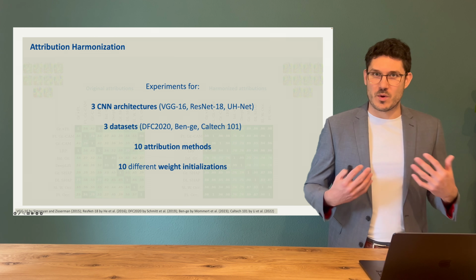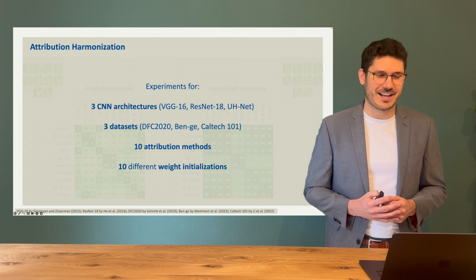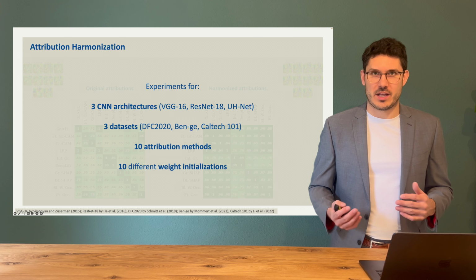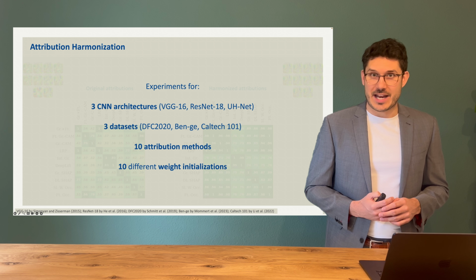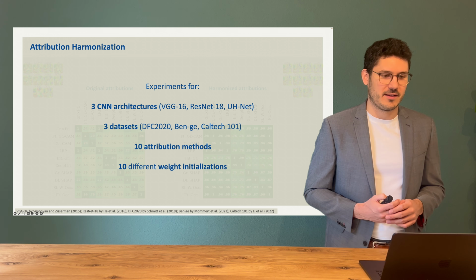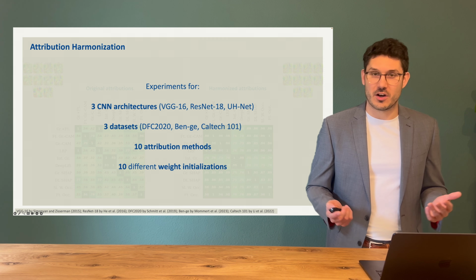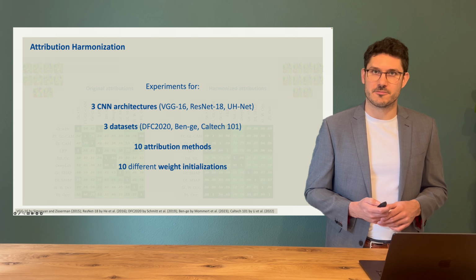We have repeated these experiments using 3 different CNN architectures, using 3 different data sets, 10 attribution methods, and each experiment has been repeated 10 times using different weight initializations. And the outcomes all lead to the same conclusion.